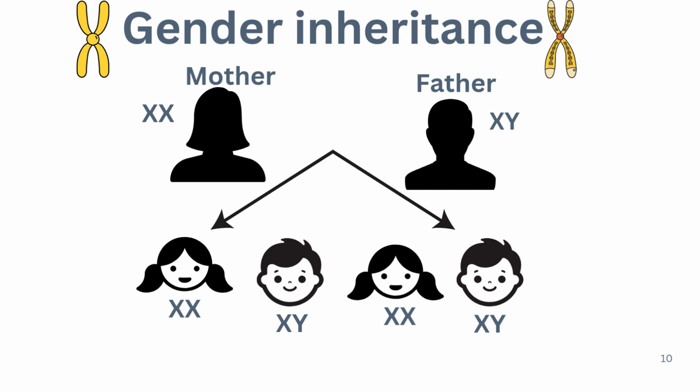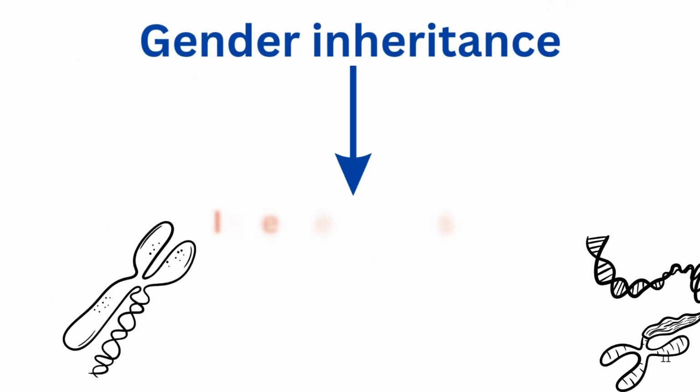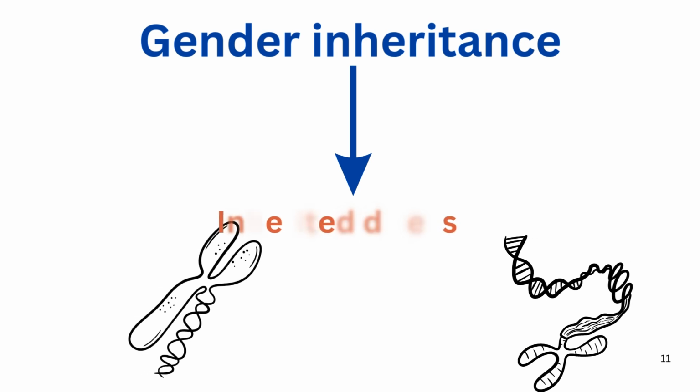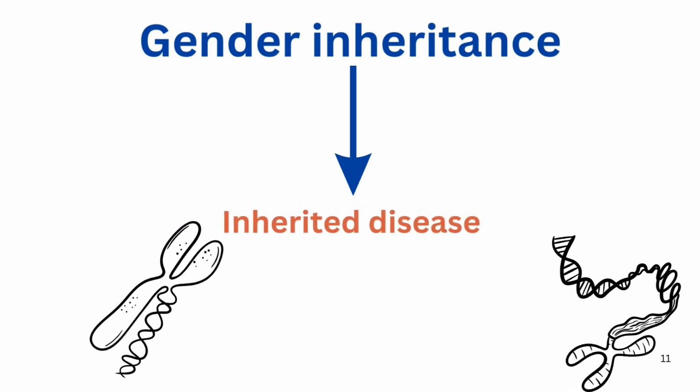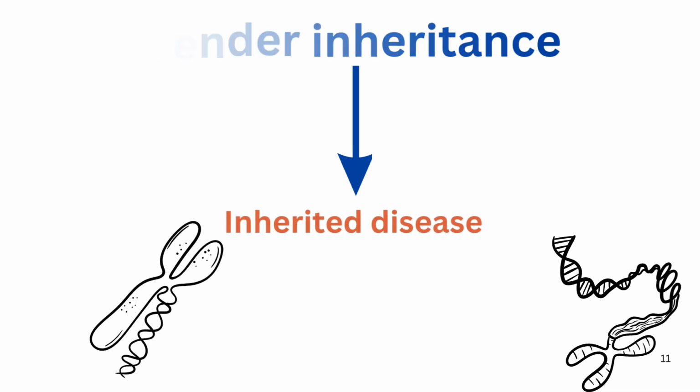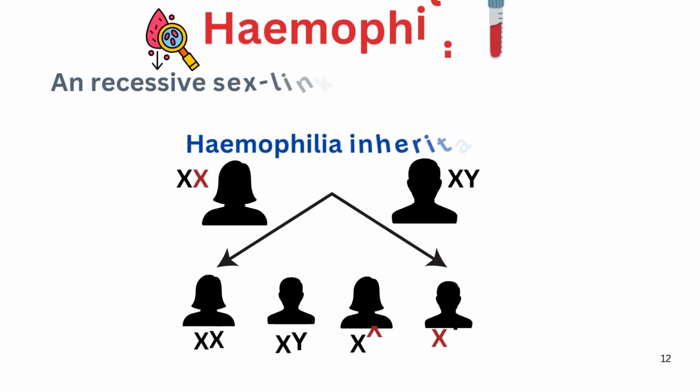Not only do we transfer our sex chromosomes to our children, we can also transfer diseases, which can be inherited by the children. An example of an inherited disease is hemophilia.